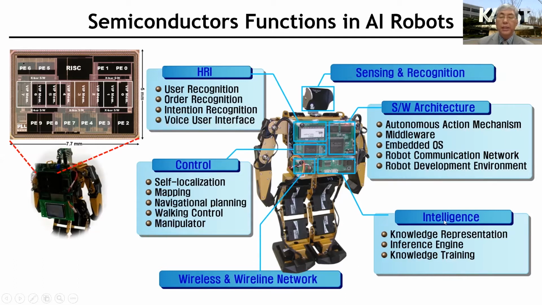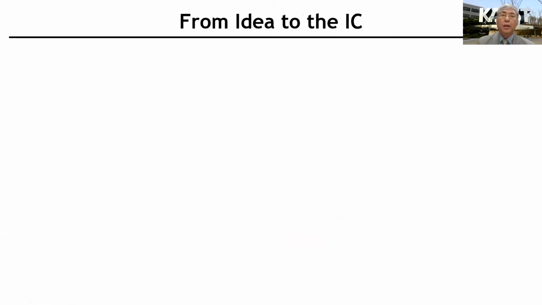And also more complicated intelligent functions like knowledge representation or knowledge training are required. And wireless and wireline network and software architectures are necessary, including the middleware and embedded OS and many AI robot application software. Those semiconductors play such an important role in AI robots.